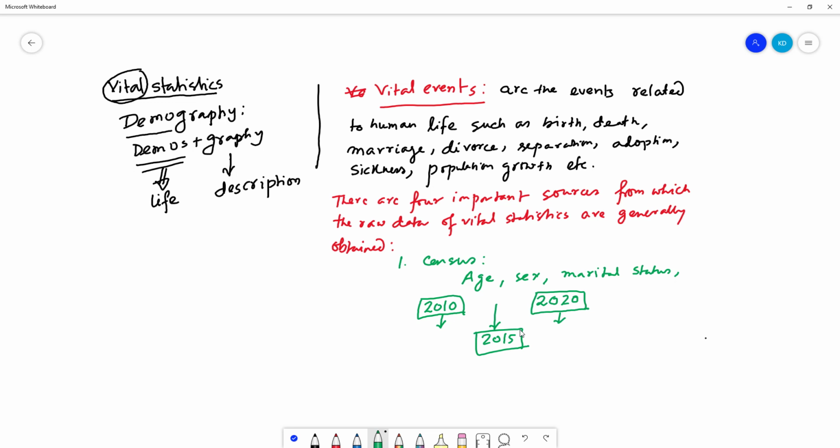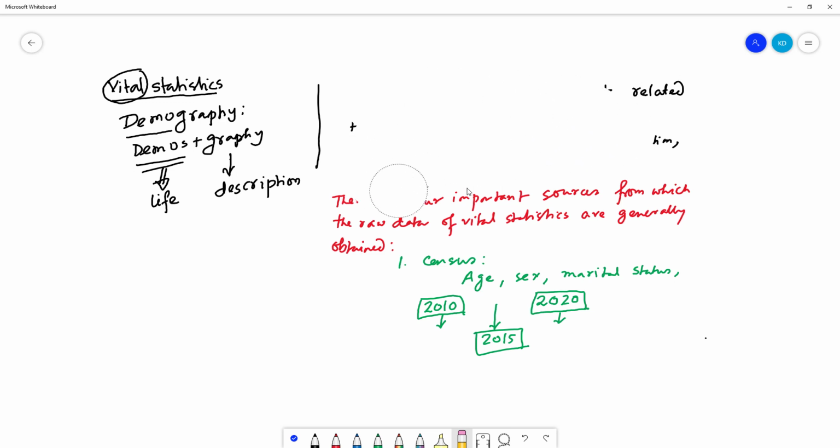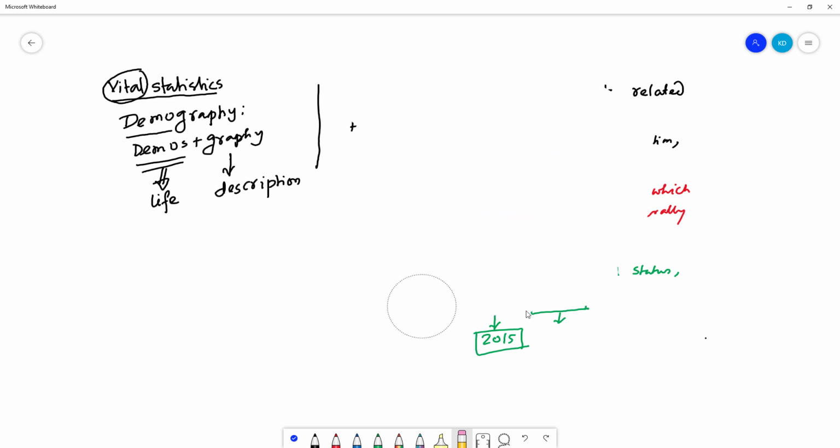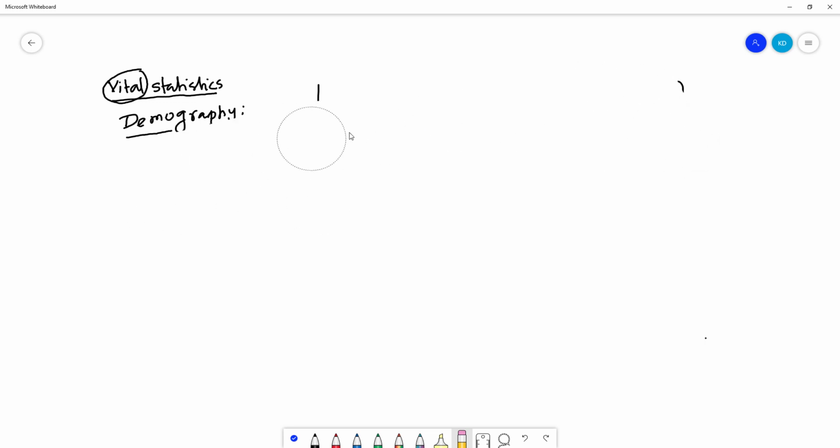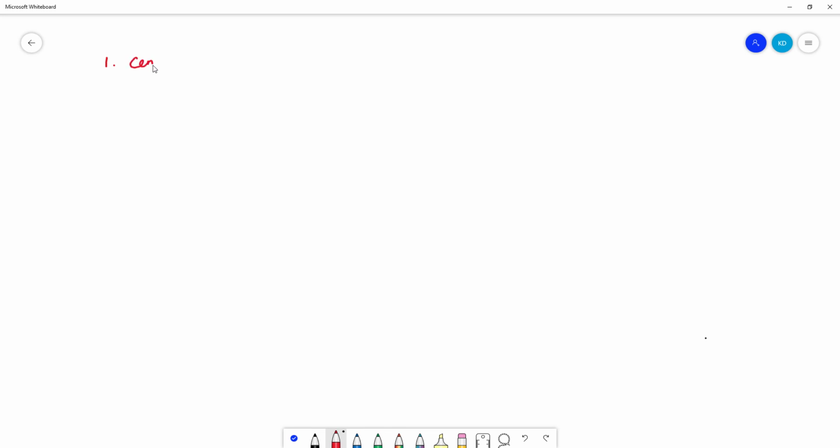Next point. First point is census. Second point, registration data.